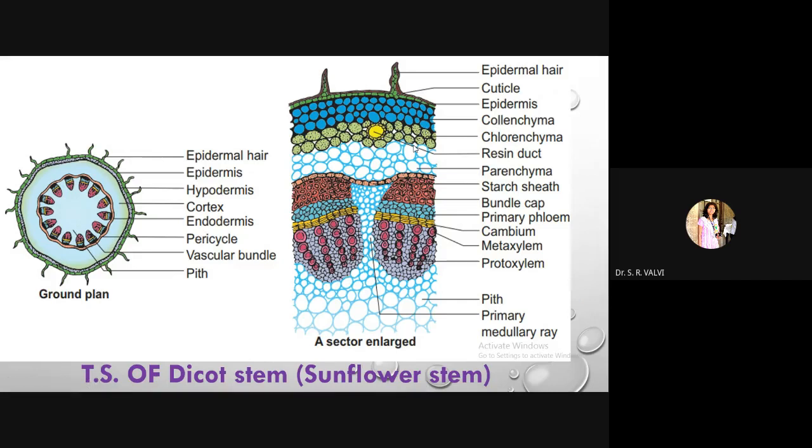Okay. Now come towards the next part, that is the cortex tissue. Again parenchymatous cells are there, intercellular spaces are present in between them, thin walled parenchymatous cells, smaller, larger with intercellular spaces in between them. So again cortex is made up of how many layers? Three different layers we have seen.